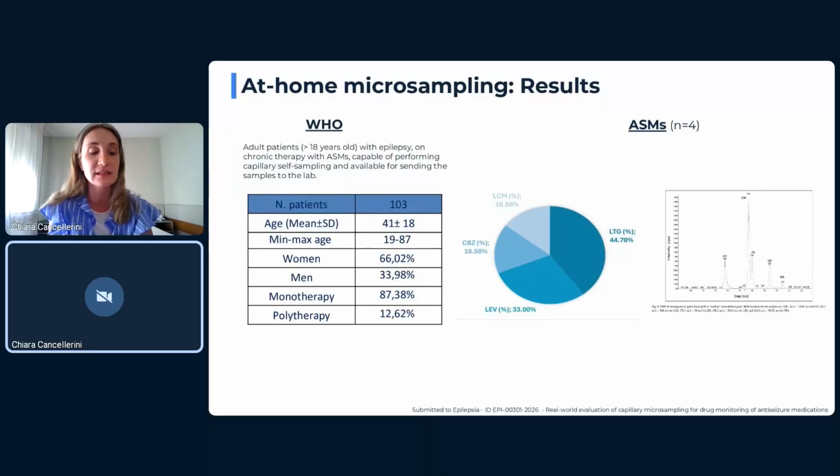On the right, the pie chart displays our 4 monitored drugs, with lamotrigine again representing the most frequently prescribed drug. I also show you an MRM chromatogram on the right, which provides an example of our analytical separation of this compound by LC-MS.